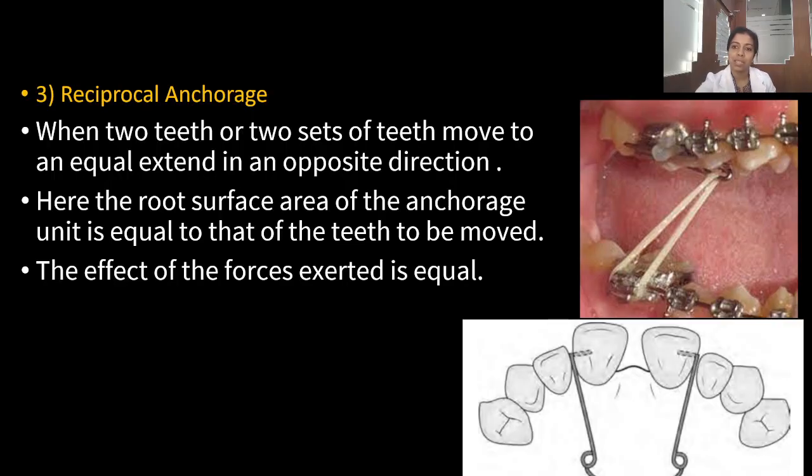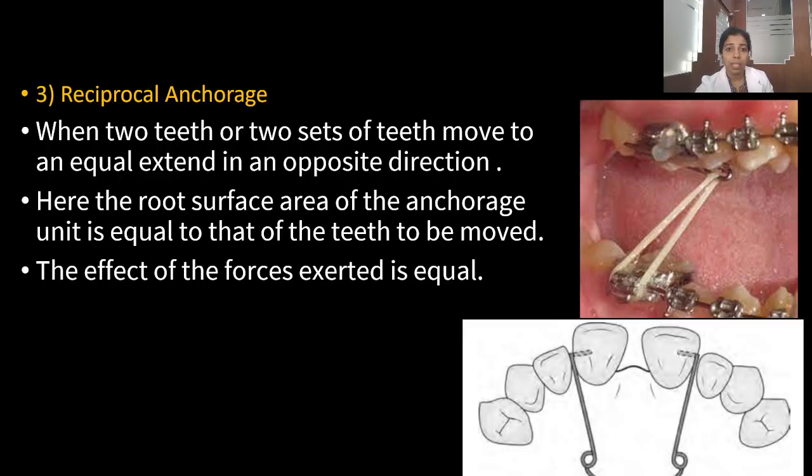So when the elastic is attached from the buccal aspect to the palatal aspect, in the maxillary arch the teeth are moved buccally, and in the mandibular arch the teeth are actually moving lingually. But at the same time they both are offering anchorage to the opposite teeth's movement. Okay, that is in the transverse plane.